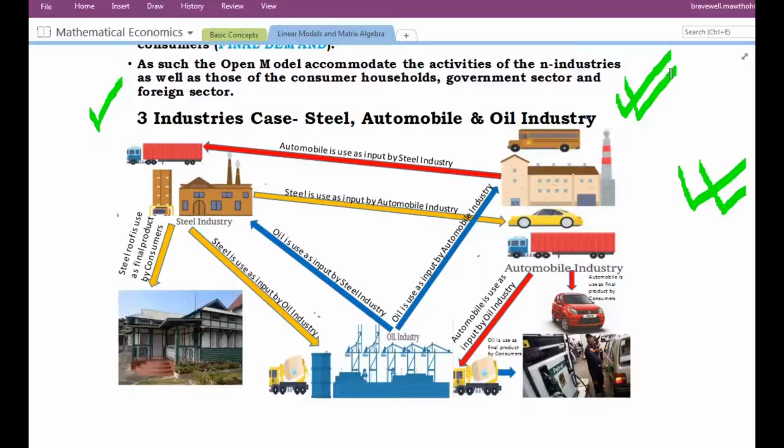In this way, the Leontief static input-output model shows what level of output each of the three industries in our example, the steel, automobile and oil industry, should produce, in order that it will just be sufficient to satisfy the total demand for their products. That is, the input demand by the three industries for the output produced by the three industries, as well as final demand for each of the output of the three industries.